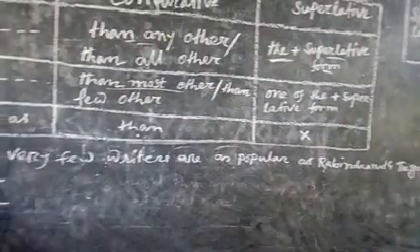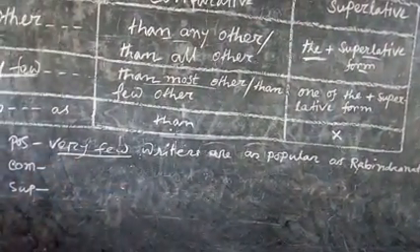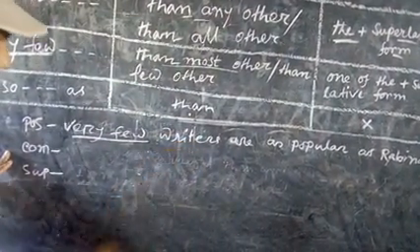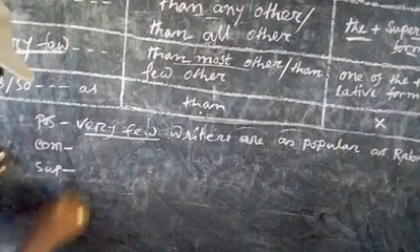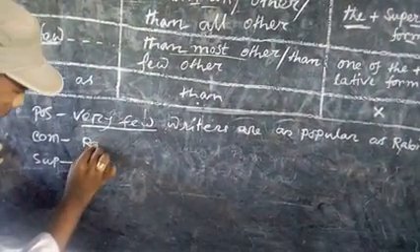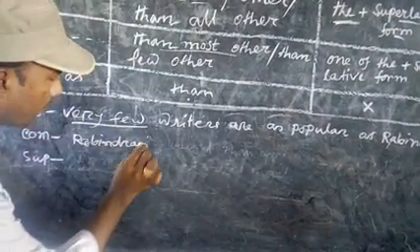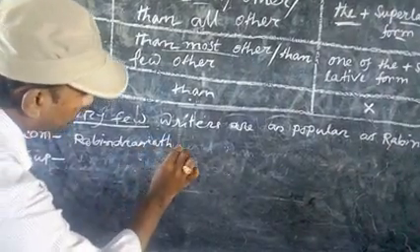Okay, dear students, that is a positive sentence and it begins with very few. In comparative, at first we have to write the subject, Rabindranath Tagore.